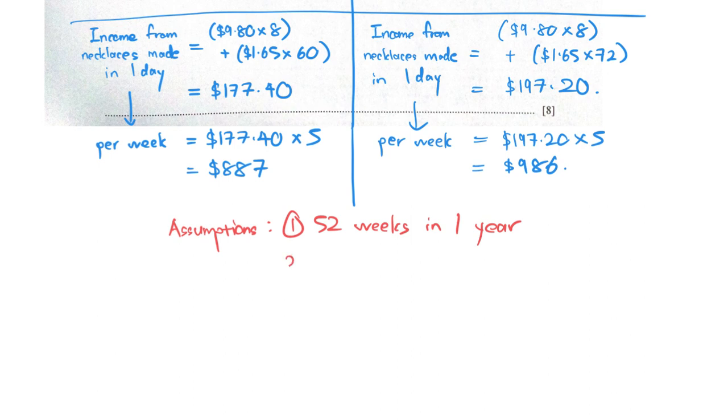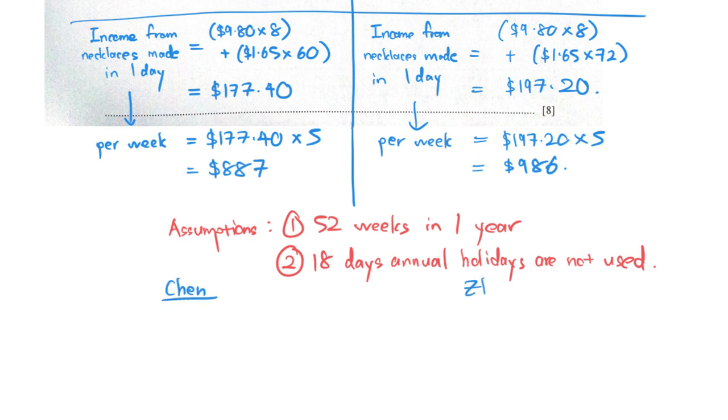Second, 18 days of annual holidays will not be factored in here, simply because we want to see in one whole full year, if they worked throughout the year, whether they can hit that 48,000. So with that, a simple calculation is made for Chen and Zhu.